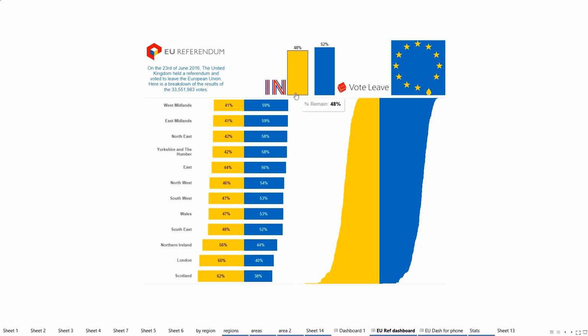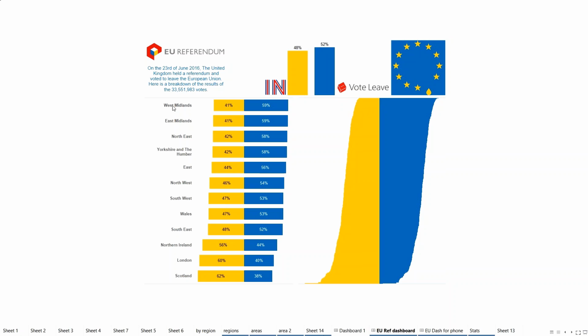So we start off with a little graph just showing you the entirety of the vote. Across the country, we had 48% in the Remain campaign, the In, and 52% voted Leave. And then this is broken down by region.